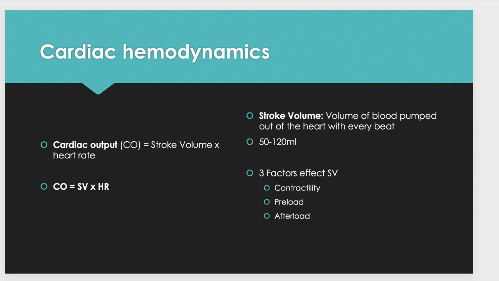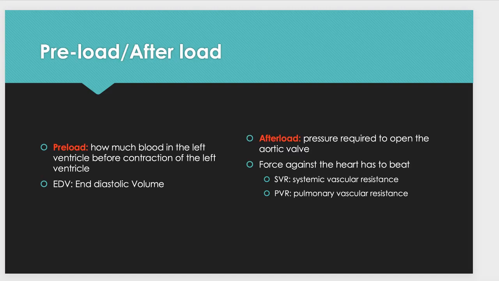Also important is to know cardiac hemodynamics. Remember, cardiac output is stroke volume times heart rate, and stroke volume is the volume of blood pumped out of the heart with every heartbeat. It's anywhere between 50 to 100 mLs. Three factors affect the stroke volume: contractility, preload, and afterload.